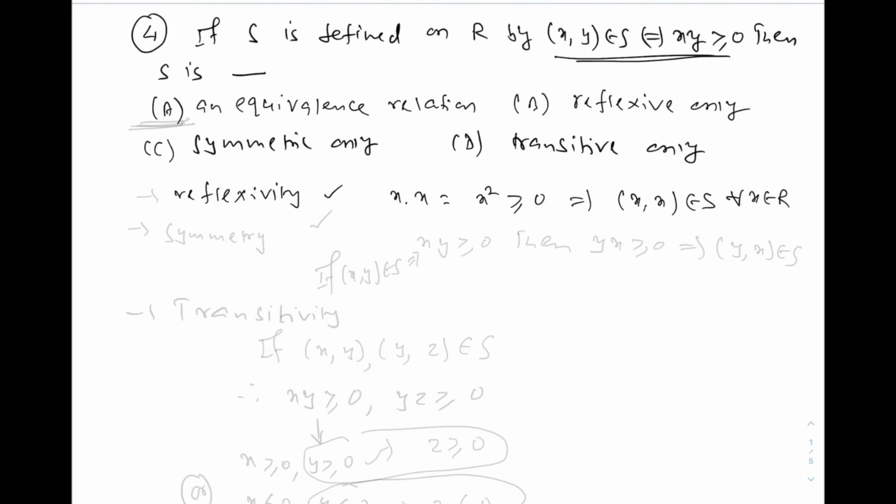Then symmetry, that is also there, because if xy belongs to S, it will imply xy is greater than or equal to 0, but xy is the same as yx in real numbers, so yx is also greater than or equal to 0, and will imply yx is also in S. So symmetry is also there. Let us see transitivity.